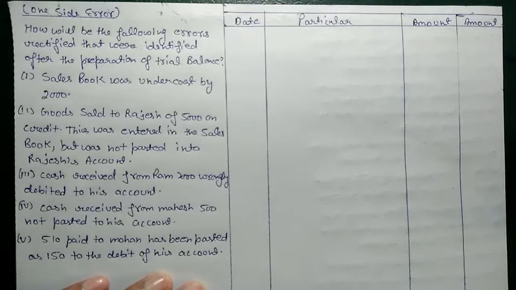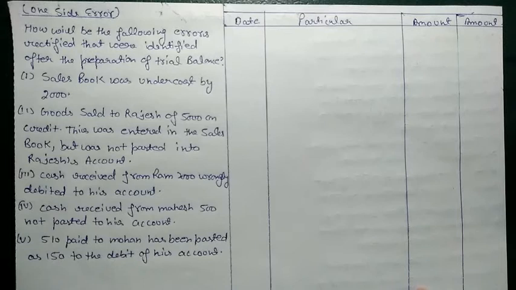As I discussed, if we are purchasing something and we post it in only one account, we forgot to post that entry in another account, or maybe we forgot to post the cash balance or any subsidiary book balance in our ledger account. So we will post rectifying entries today for one-sided error.